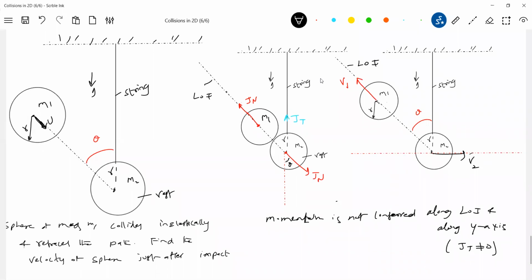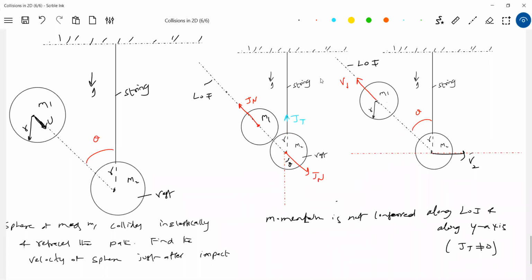After this condition, can I conserve along the x-axis? Yes, we can conserve, because of Jn sin theta on one side and Jn sin theta on the other, so the net impulse along the x-axis is 0. And what about JT? The component of JT along the x-axis will be 0.